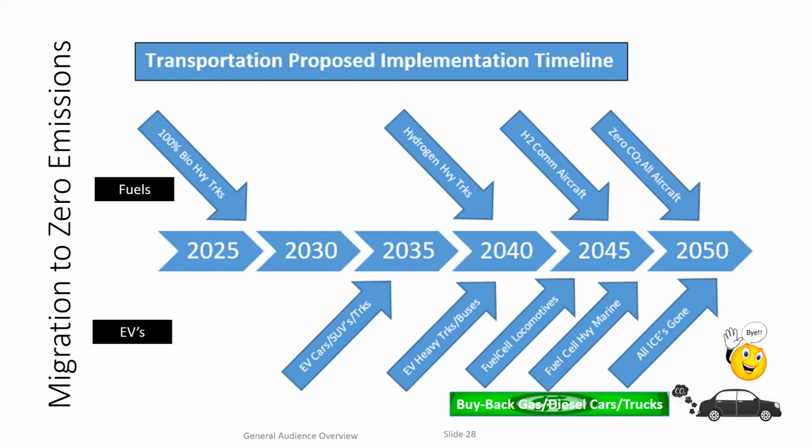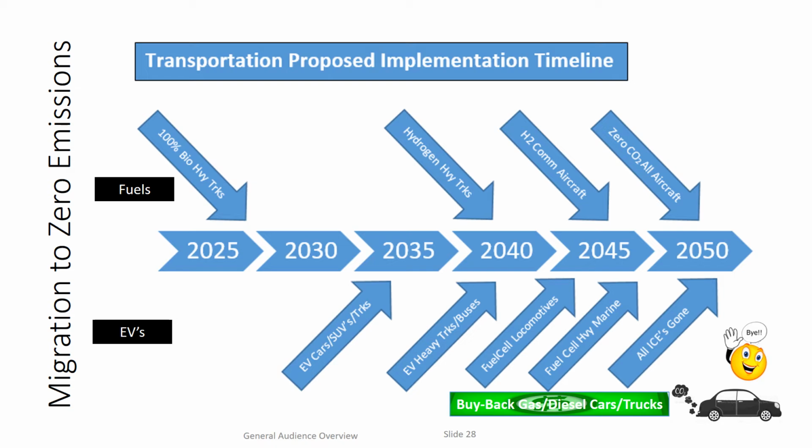By 2045, we do fuel cell locomotives, and then marine craft as well. And by 2050, all internal combustion engines would be off the road. Big trucks, little trucks, cars, anything that used gas or diesel would be off the road, save a couple of antique cars. So that's the complexity on the EV side.